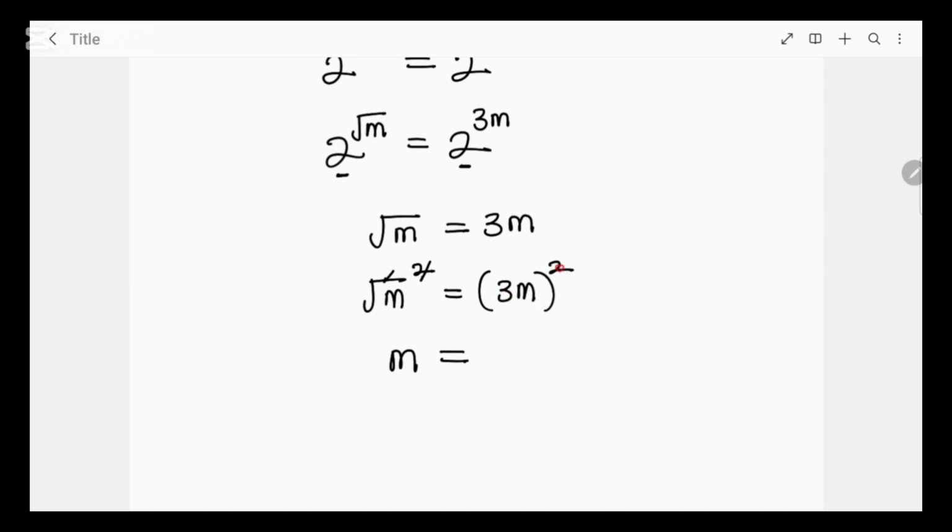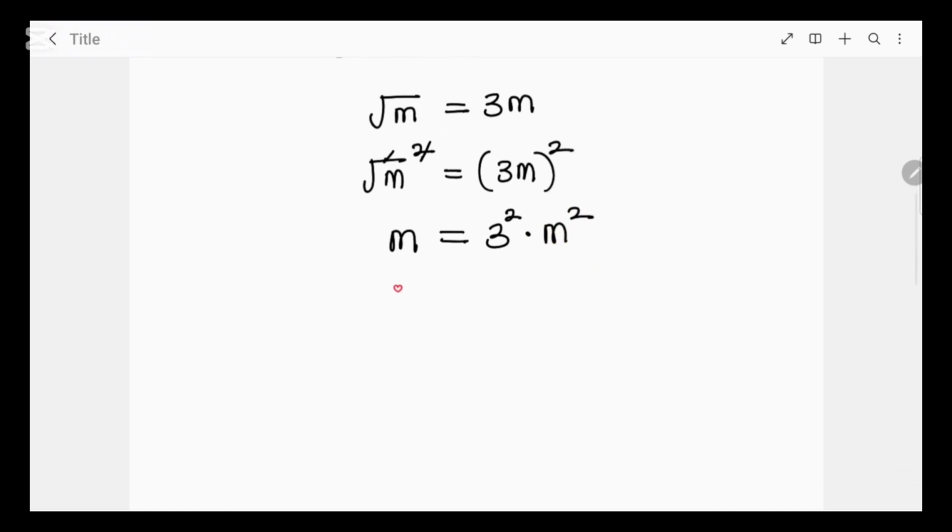So we're going to be distributing this square on the 3 and on the m. So this will be 3 squared times m squared. Very good. So this simplifies into m equal to 3 squared is 9 times m squared, which is 9m squared.